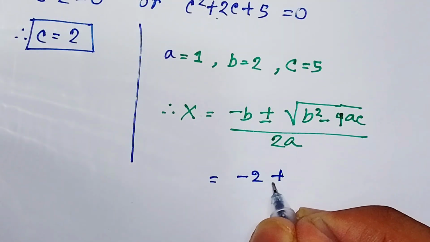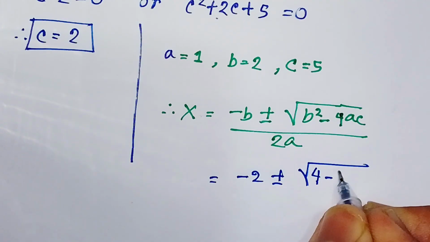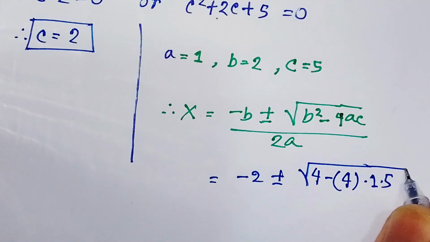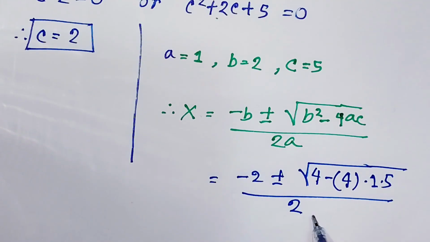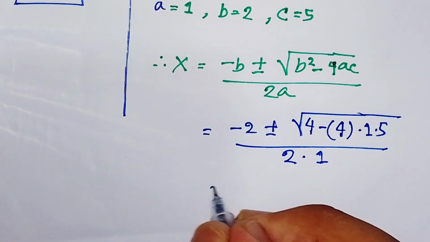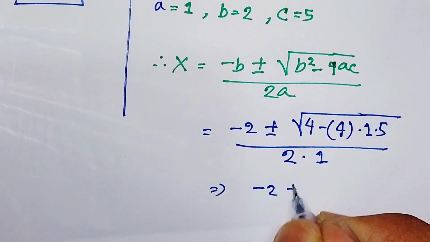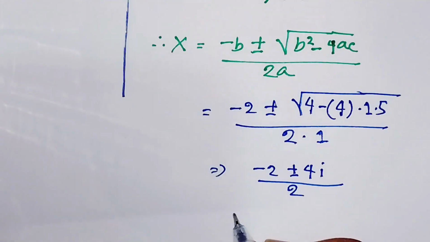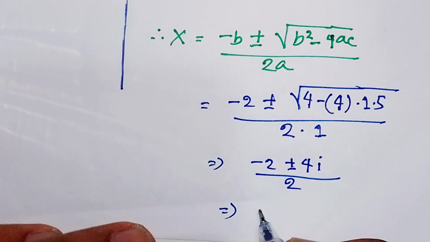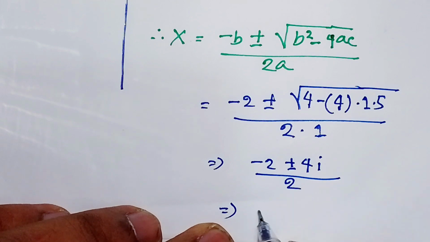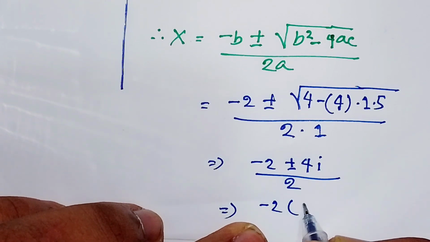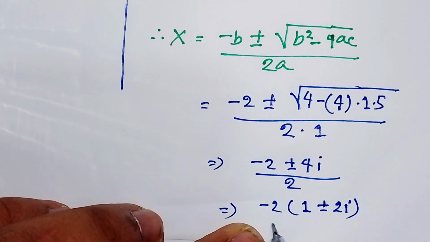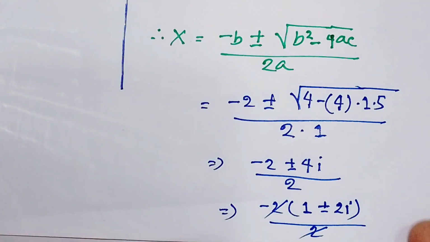That gives minus 2 plus or minus the root of 4 minus 4 times 1 times 5, divided by 2 times 1. Then we get minus 2 plus or minus 4i divided by 2. Taking the common factor, we get minus 2 times 1 plus or minus 2i, divided by 2. Then this will cancel out.